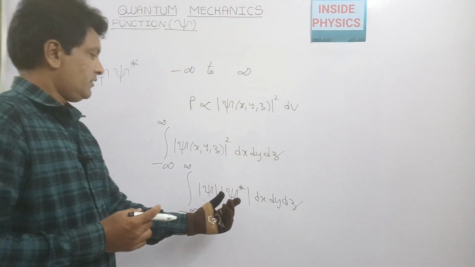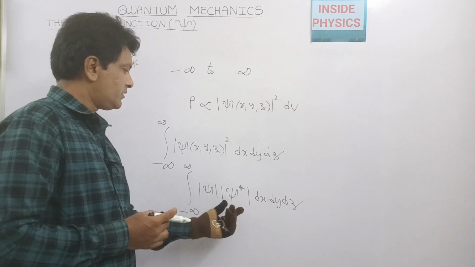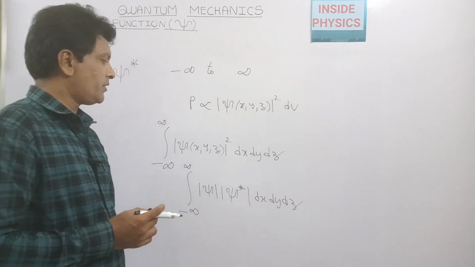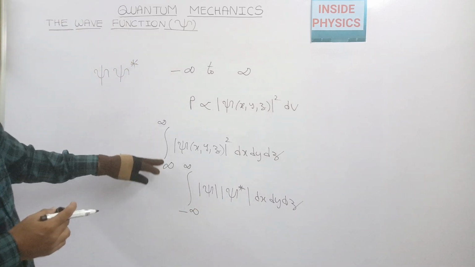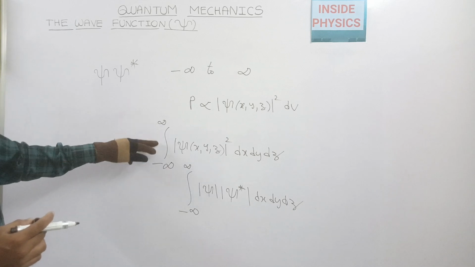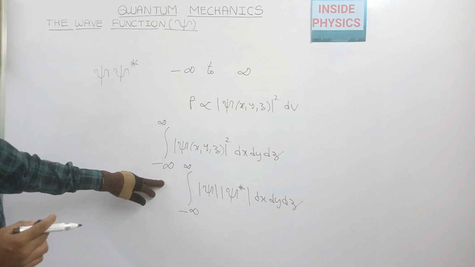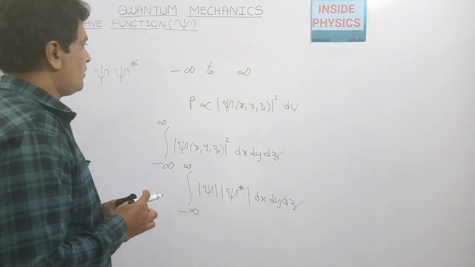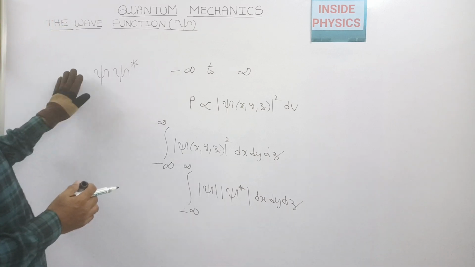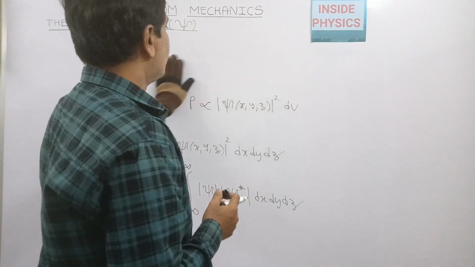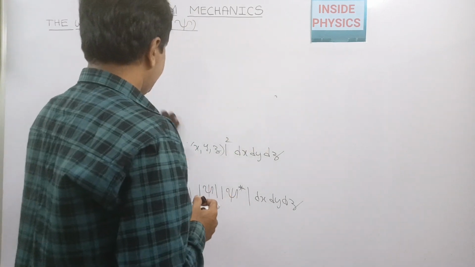This is the complex function, and this is the conjugate of the complex function. These are the probability interpretations of the psi function given by Max Born. Now we see what the normalization condition of the psi function is.